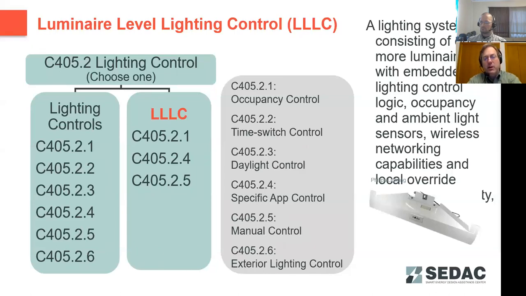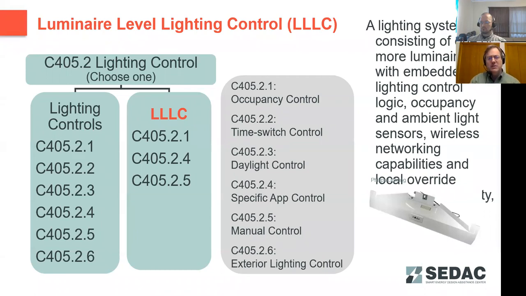These provide embedded sensors in each fixture, so you have occupant sensing devices as well as daylight harvesting built into each fixture. This tends to be a little more expensive and requires a lot more commissioning, because rather than commissioning rooms at a time, you're commissioning each individual fixture.